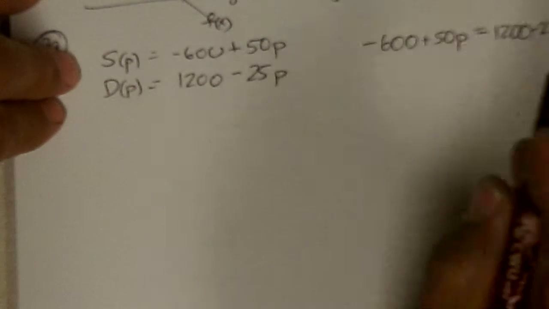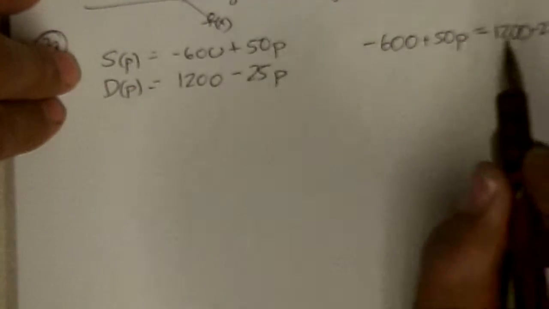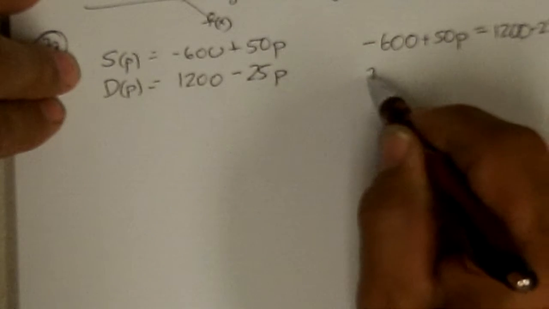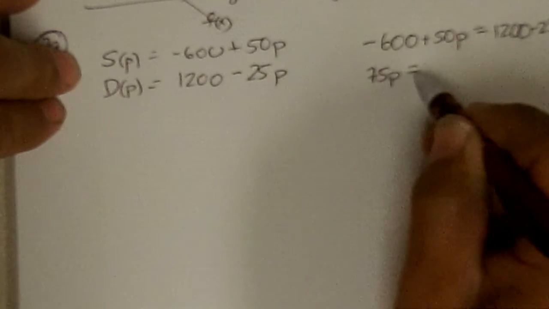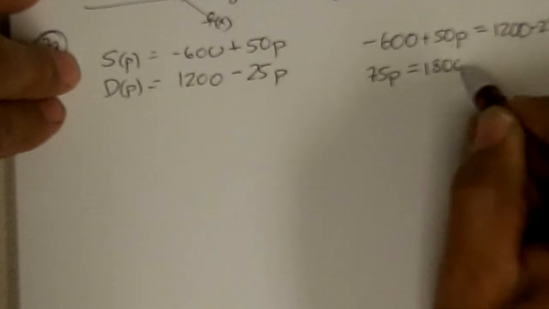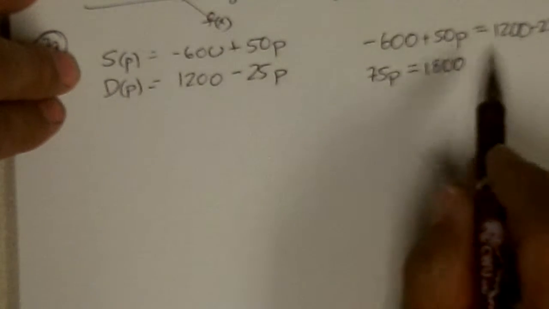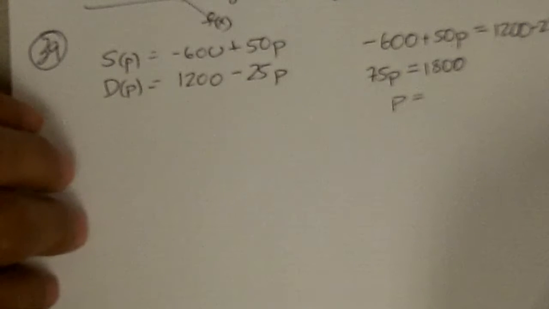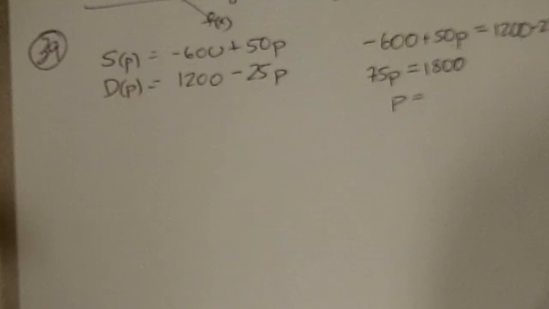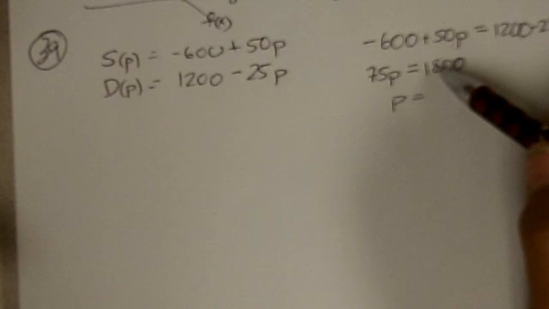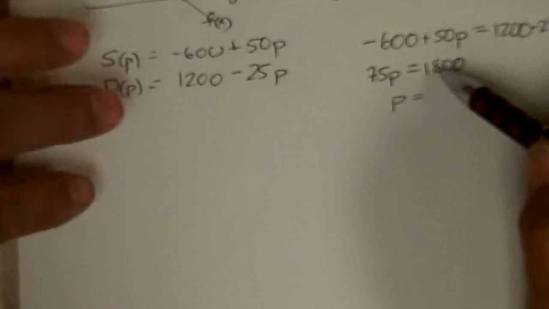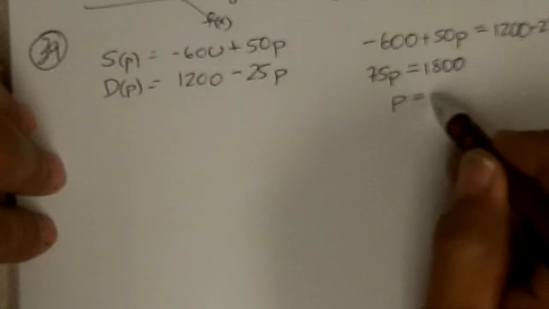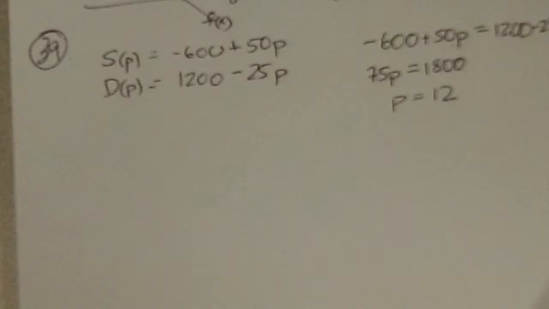I'll add 25p to both sides and 600 to both sides, so I get 75p equals 1800. Divide by 75, and p is, let's see, 75, 153, 300. There's 6 300s in there, 2 for everyone, so that's 12. I think that works out to be.